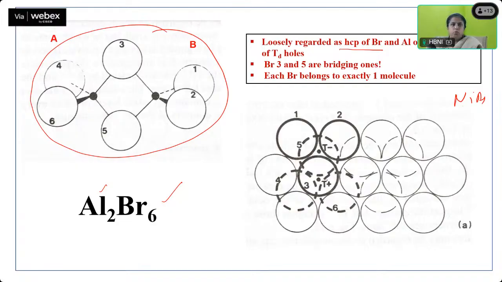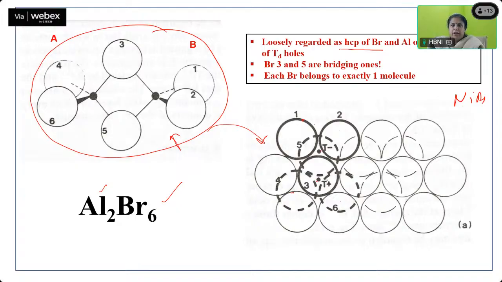So if you try to see, this is the structure of the molecule. How you can see it in this particular structure is, now 1, 2, 3 are the bromine ions in the bottom layer, and 4, 5, and 6, the dotted ones, are the bromine ions in the second layer. Now, aluminium is occupying the tetrahedral hole between these two. Okay.